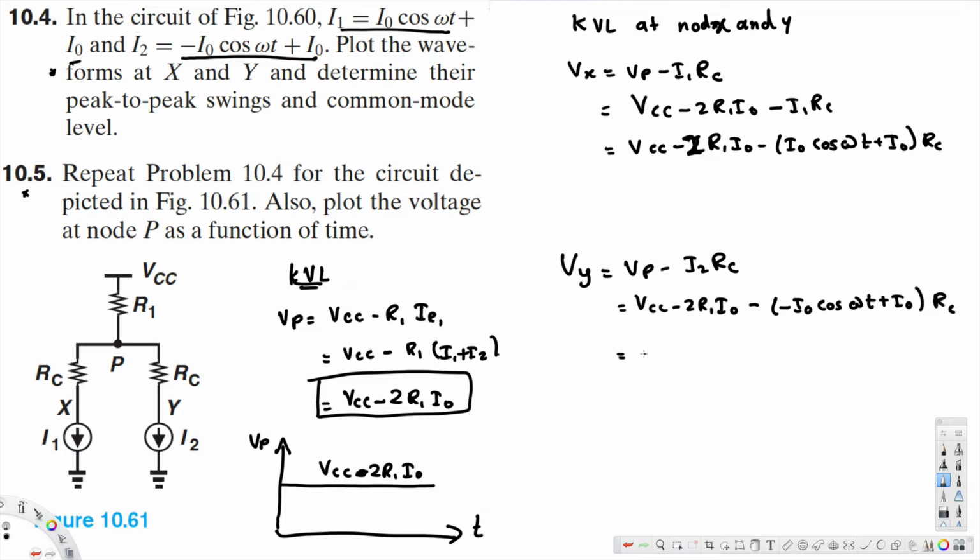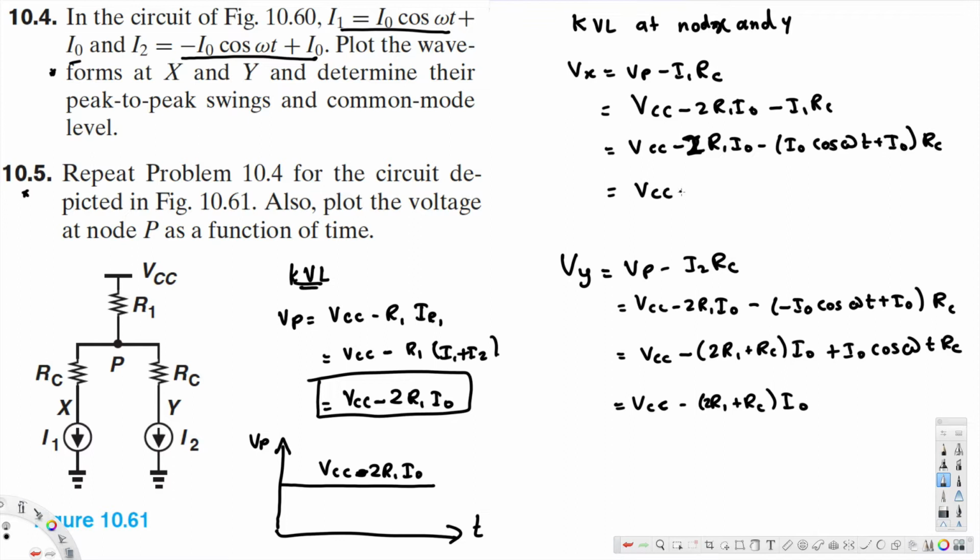So we will get VCC minus 2R1 plus RC I naught. I took this RC and this R1 common, multiplied with I naught plus I naught cos omega t RC. Therefore finally we will end up with VCC minus 2R1 plus RC times I naught.